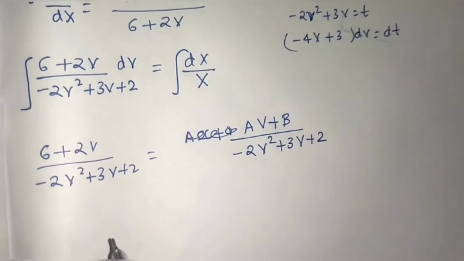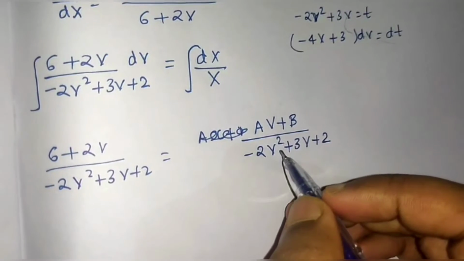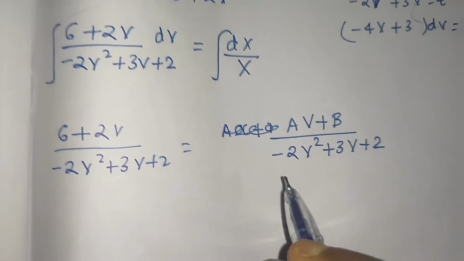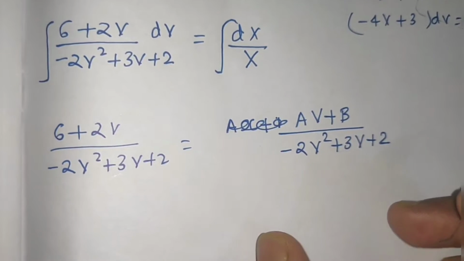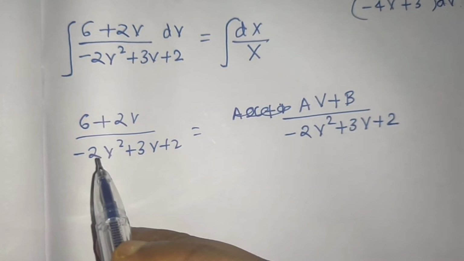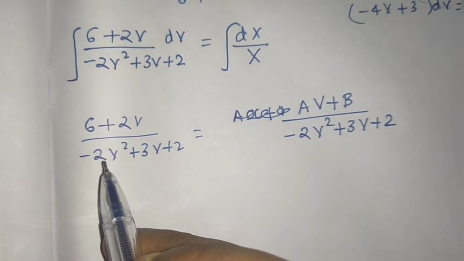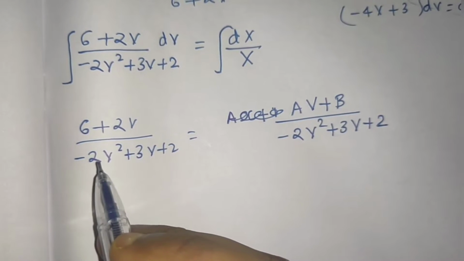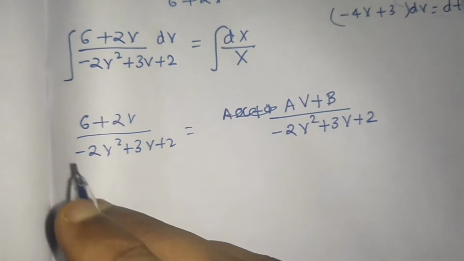Okay, now as you can see that this negative sign is coming. So in order to do a better partial fraction, let's do one thing. I can take minus 2 common from numerator and denominator if possible, or just minus sign common from denominator and 2 common from numerator.